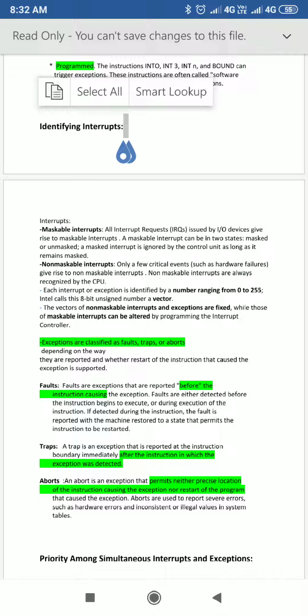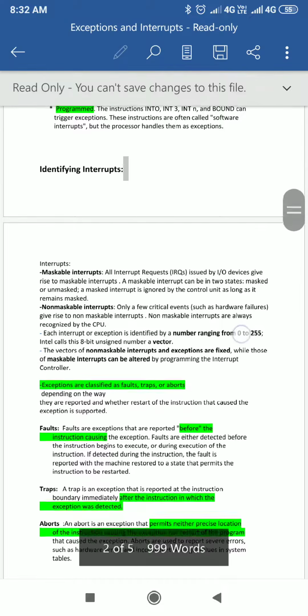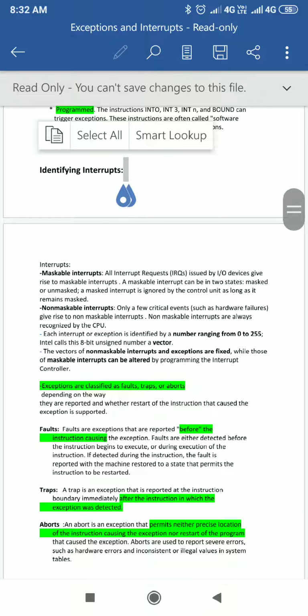Remember, this INTR interrupt can be enabled or disabled with the help of 2 instructions. The first one is CLI and the second one is STI. CLI is clear interrupt and STI is set interrupt.